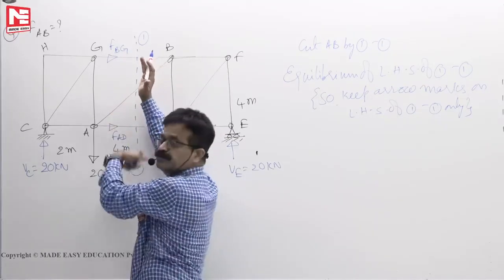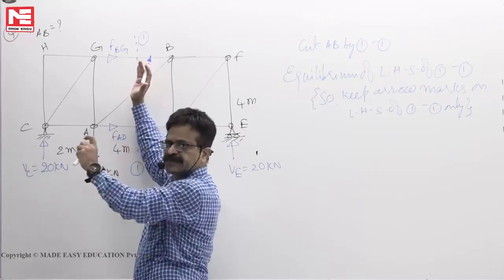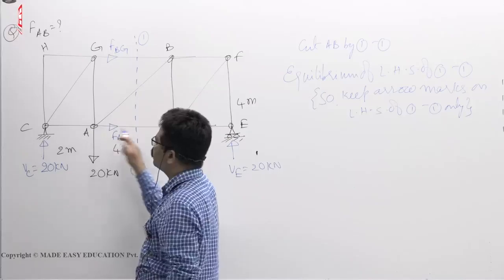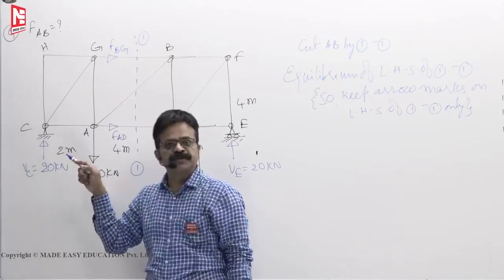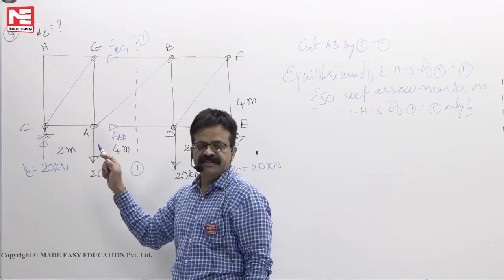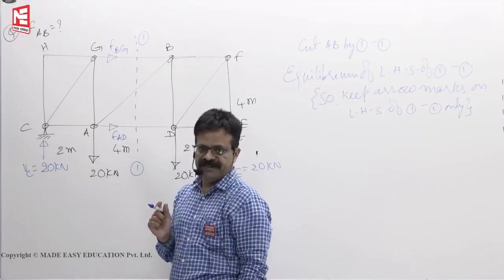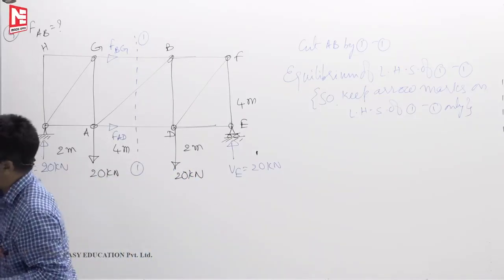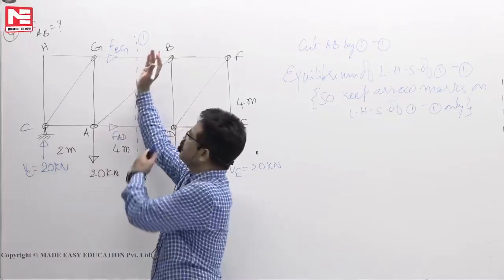So for them not to be seen in the equation, if I write sigma y equal to 0, these are acting horizontal, horizontal, whose y component is 0. So these two will not come into the picture at all if I write sigma y equal to 0. Now, this arrow mark, if you want to fix it, stand here, look left side.